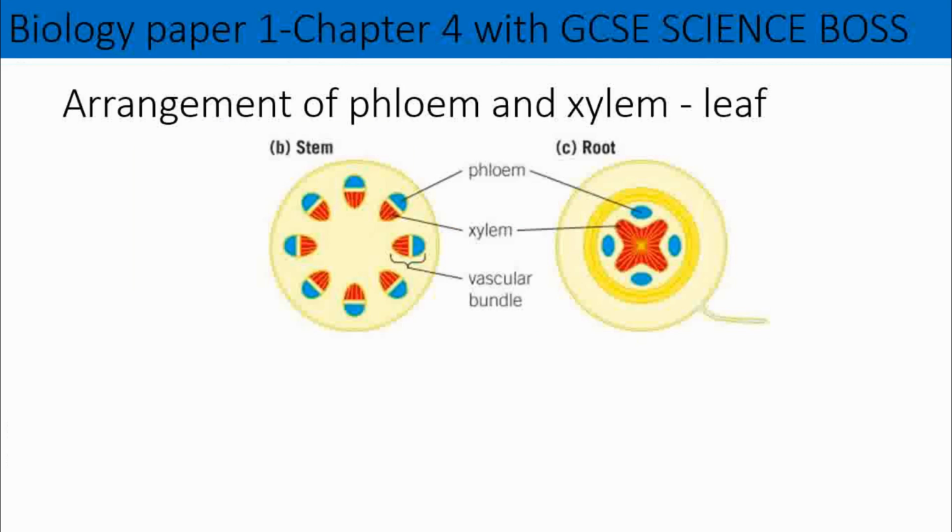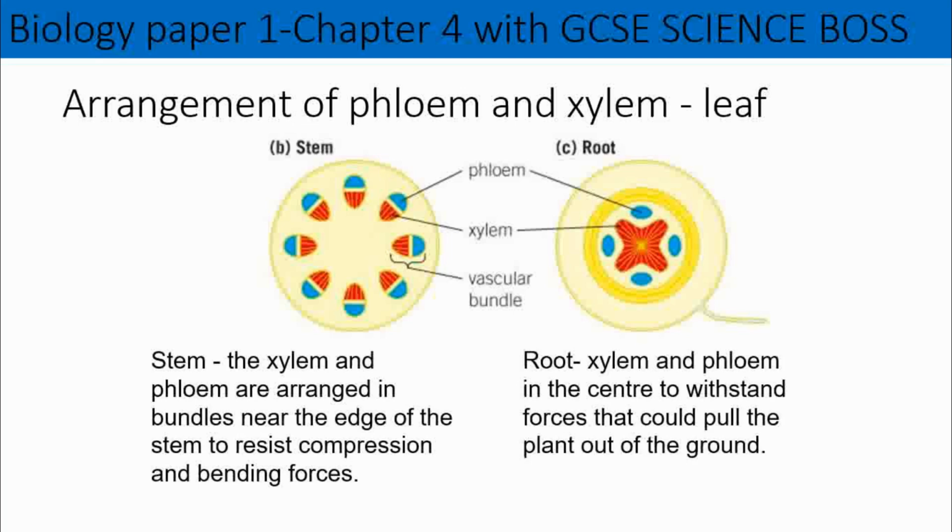Make sure you know the difference between the stem and the root in terms of the arrangement of the xylem and the phloem. You can see in the stem, the xylem is on the inside. Okay, but have a look here, the phloem is on the outside here in the root. Make sure you know the difference, and together it makes up the vascular bundle.